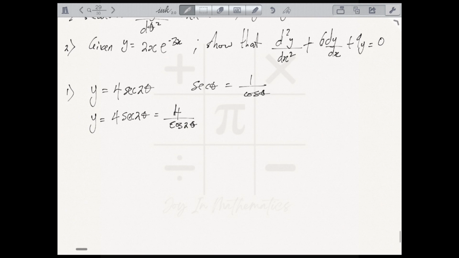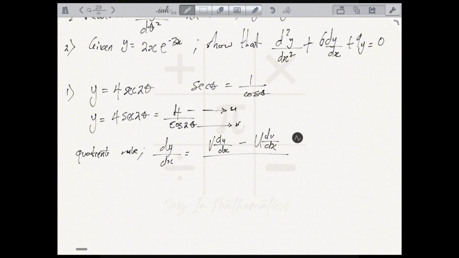Now, to solve this, we go back to our quotient rule. So we have this to be u and we have this to be v. If you recall from quotient rule, we have that dy dx is equal to v du dx minus u dv dx, divided by v squared.